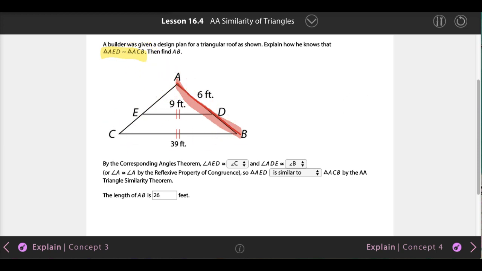So obviously I can see two sides, this one and this one, and they both have a measure, okay? And then we can definitely use this side. The whole long side, I don't know, but then just from A to D, you can see is 6 feet, okay? So then for this one, we don't even have to use the letters, but let's just do it. AD, okay?